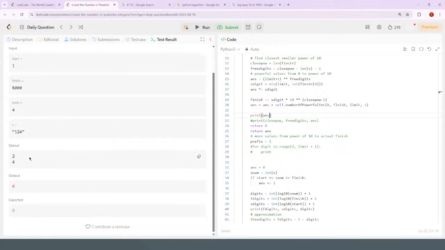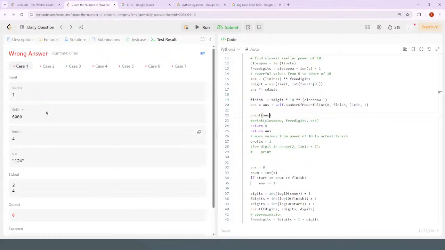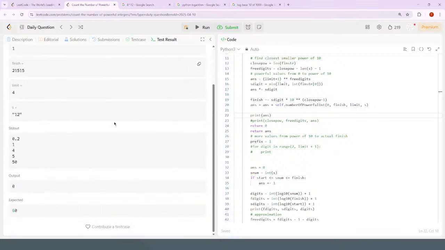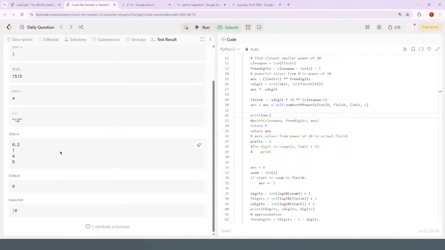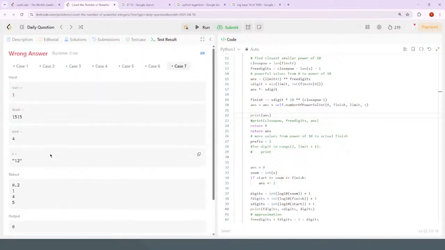Alright, so this prints out, I think, 4, which is incorrect. 8, 50, 5. Huh. So close-ish, but not correct.